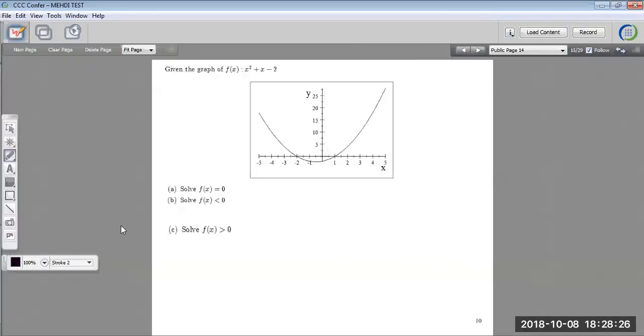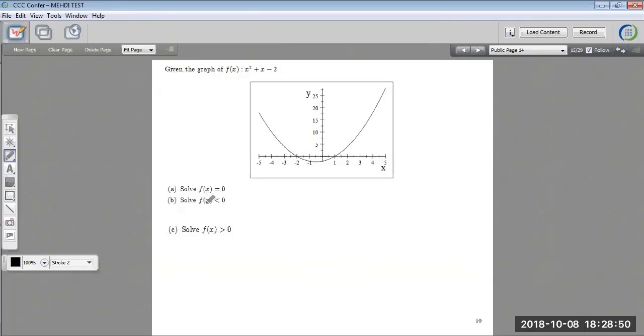Given the graph of f of x equal to x squared plus x minus 2, we want to solve f of x equal to 0. If this is my function f of x, wherever this function intercepts the x-axis, those would be my x-intercepts.